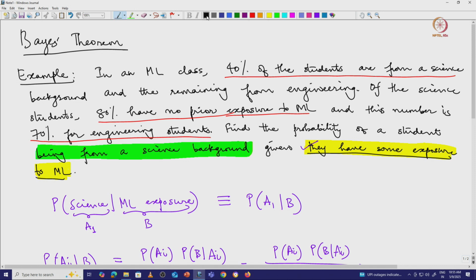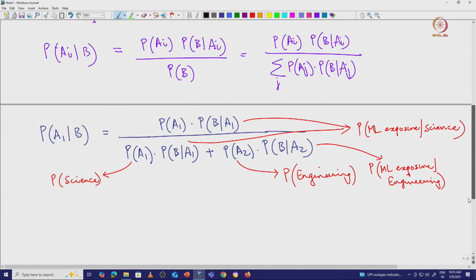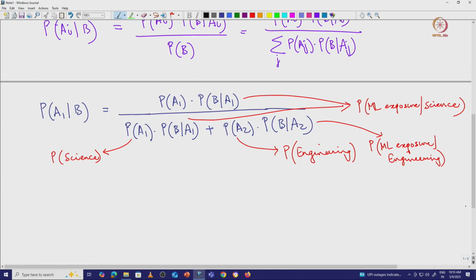So, knowing these probabilities, we can go back and insert them into the expression. The probability of A1 is the probability of the student being from a science background, that is 0.4.